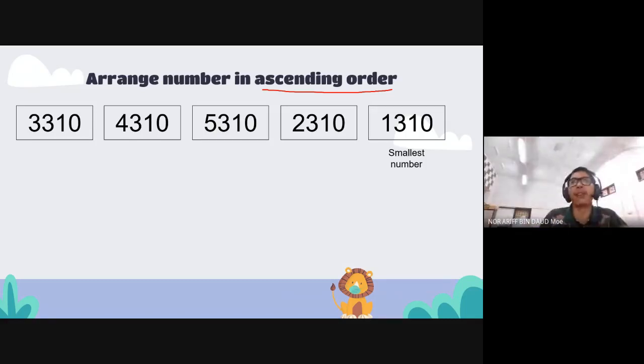Yeah, 5,310 is the biggest number. So automatically, the smallest number already become number 1 and the biggest number become 5 because we have 1, 2, 3, 4, 5 number here.